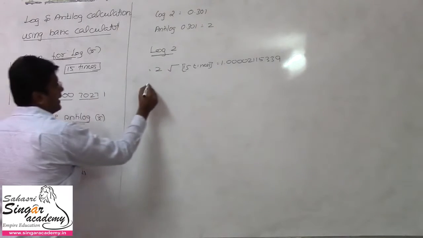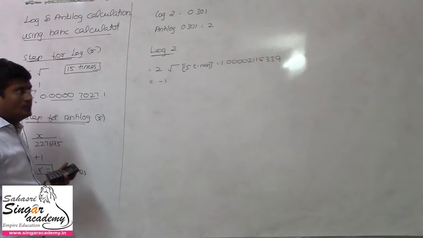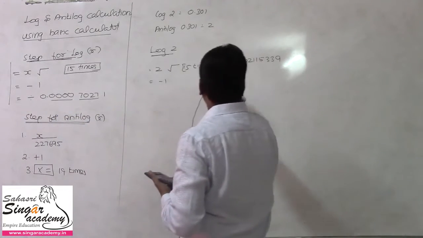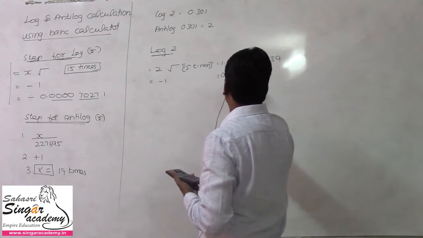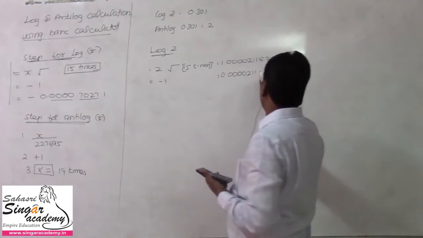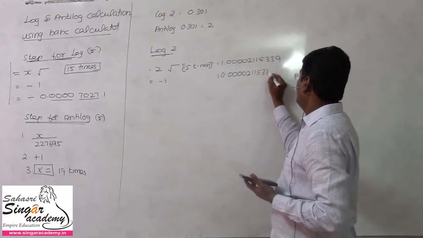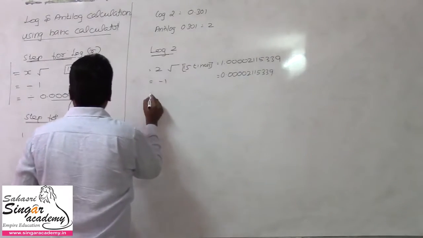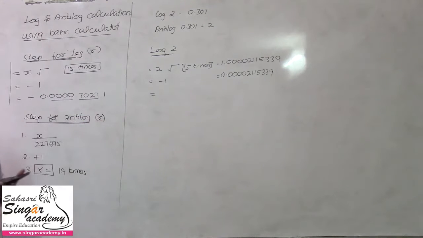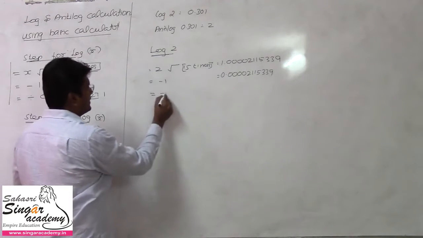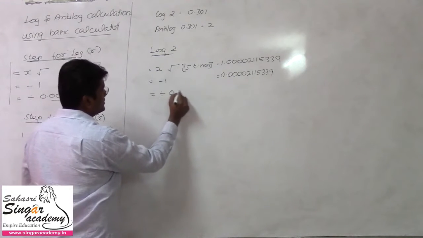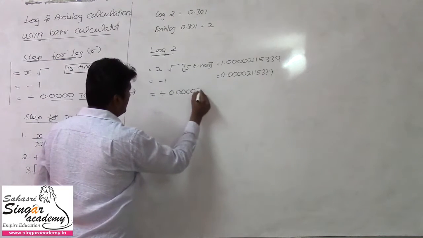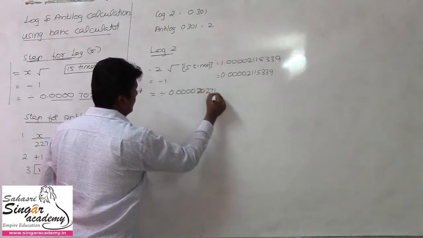From that, you have to deduct 1. If you deduct 1, you will be getting 0.00002115339 as the answer. And you have to divide that value by the special number. The special number is 0.000070271.